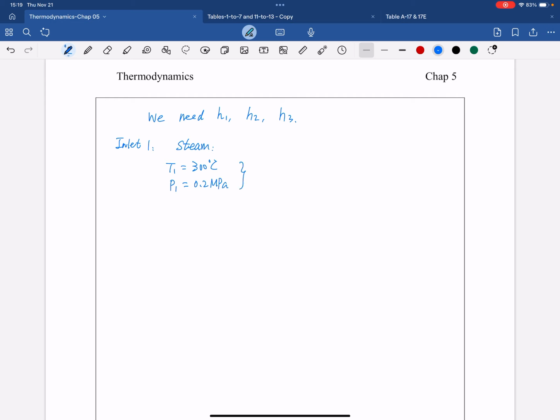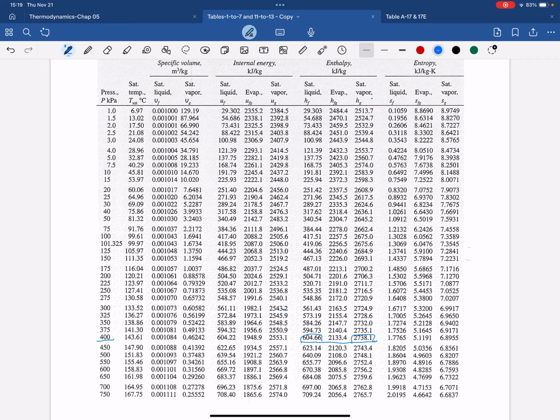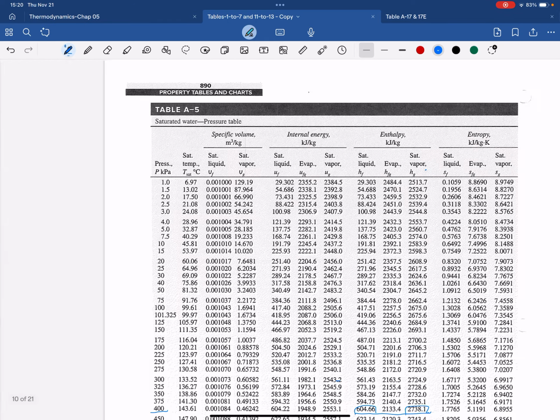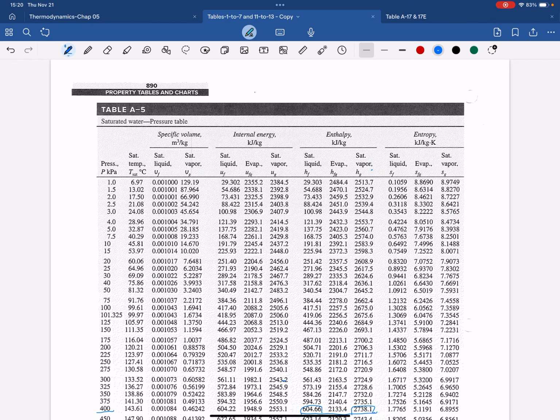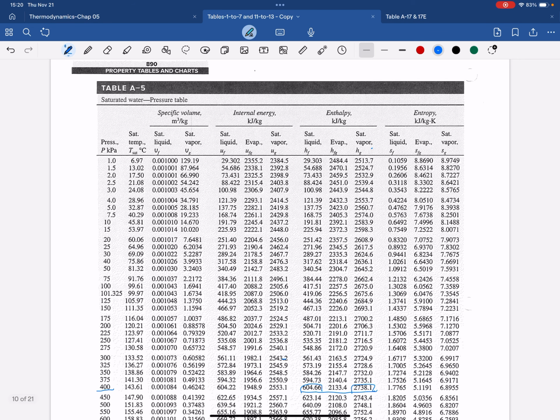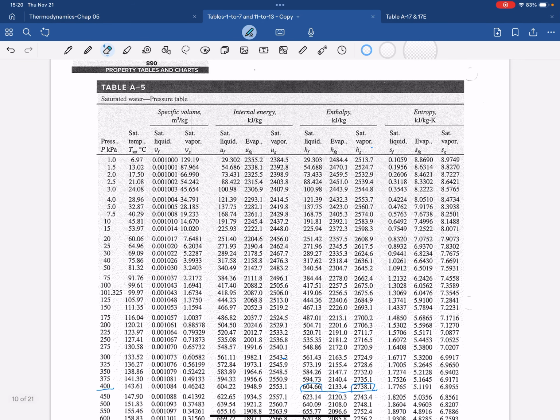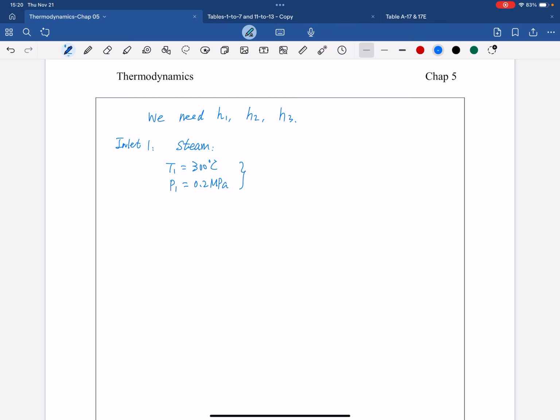Since T and P are given, we can use either table A5 or table A6. So let's go to the table. Let's directly look at table A5. 0.2 megapascal is 200 kilopascals, and the saturation temperature is 120 degrees Celsius. Our given condition is 300 degrees Celsius, much higher than the saturation temperature.